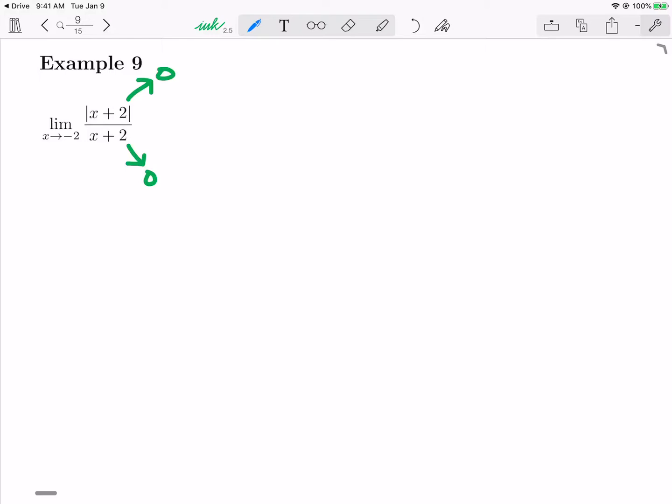Whenever you see an absolute value, you need to remember that absolute value functions are really piecewise functions disguised. Whenever this inside, this x plus 2, is equal to 0, once you're to the left of that, when you're negative, that inside flips the sign. Sometimes it's easier to look at the definition of the absolute value of x.